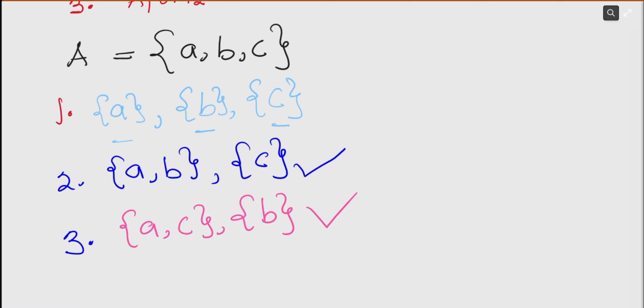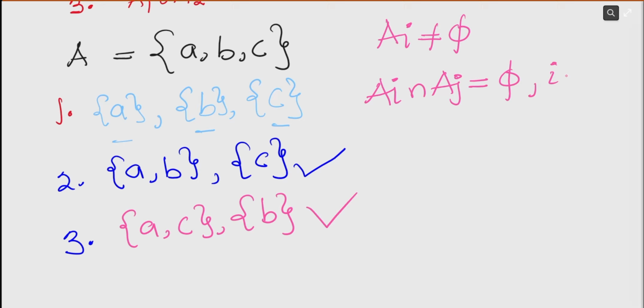from the set A, and clearly it obeys the three conditions, which says that Ai must not be an empty set and Ai intersection Aj must be an empty set whenever i is not equal to j.